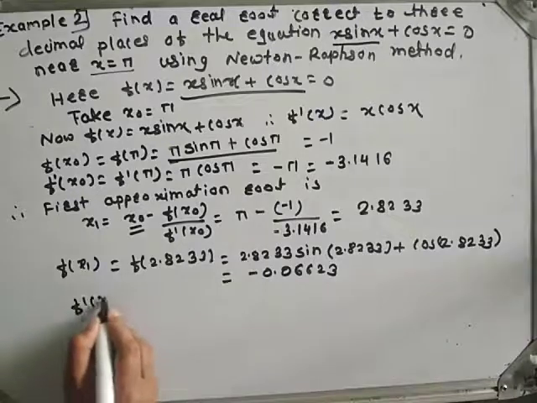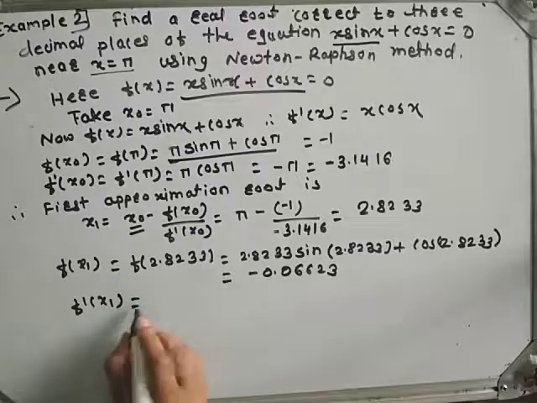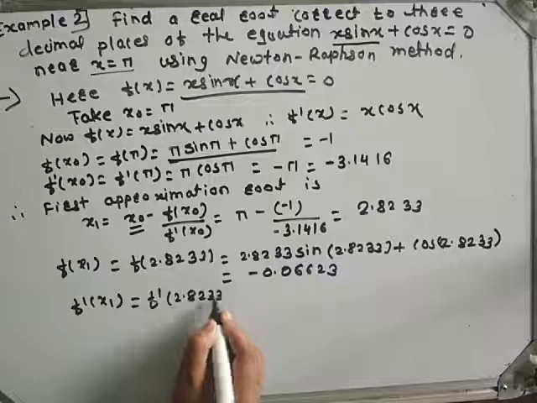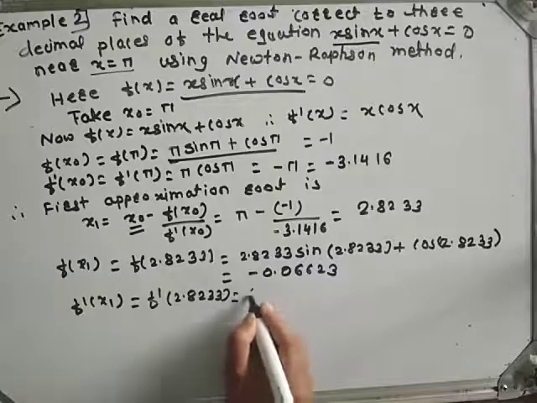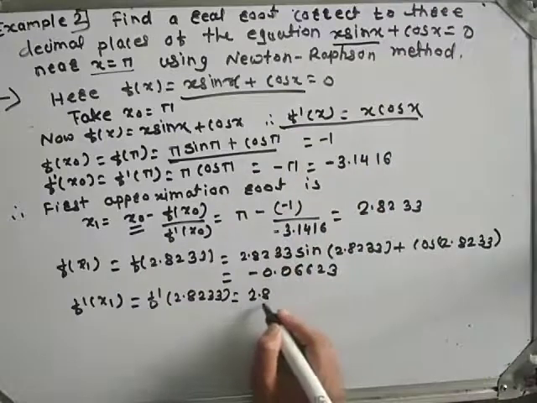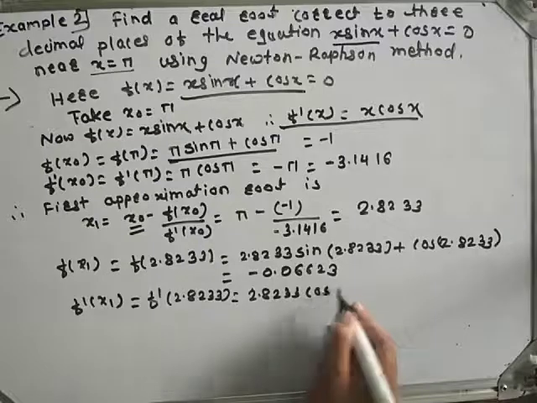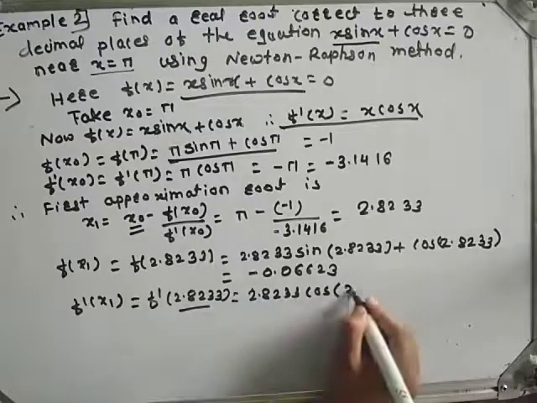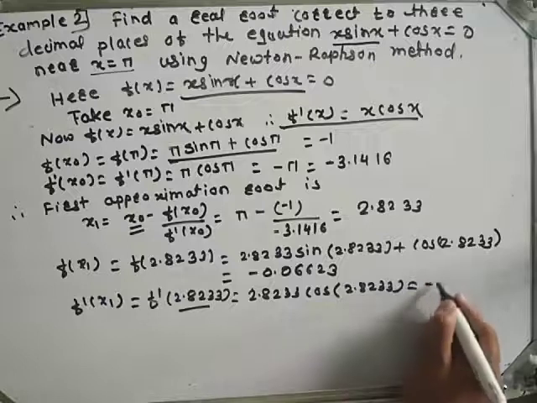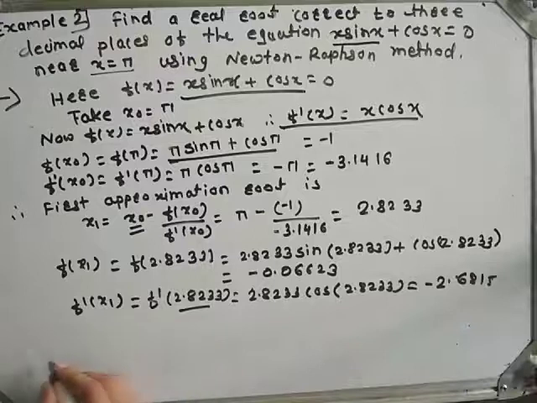Now we have to calculate f dash of x1, which is equals to f dash of 2.8233. Here derivative is x into cos x, 2.8233 into cos of 2.8233, which is equals to minus 2.6815.